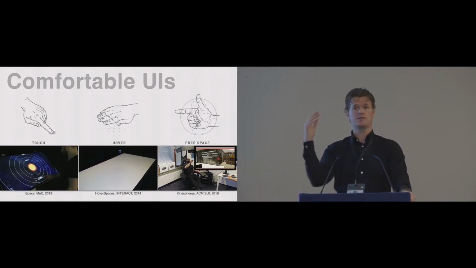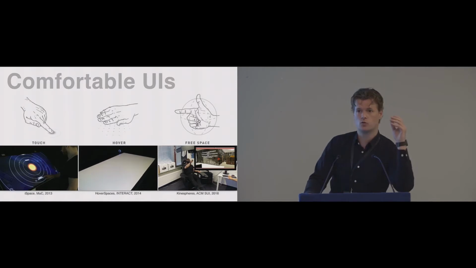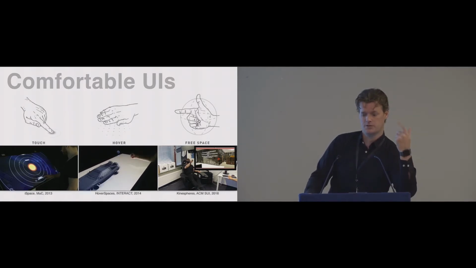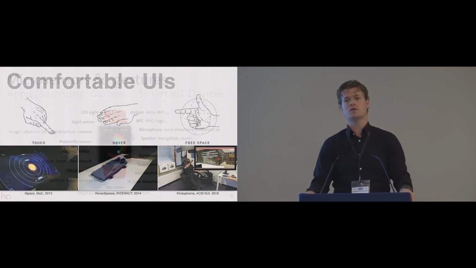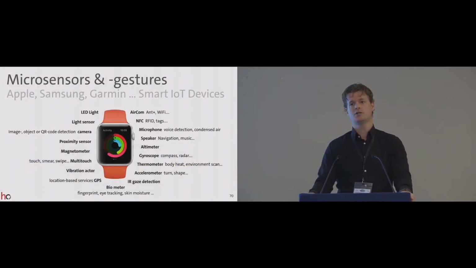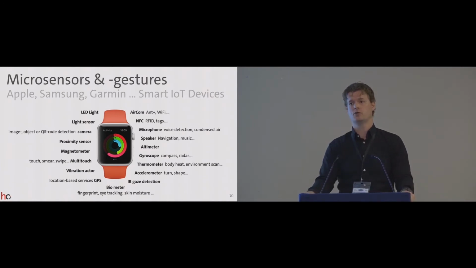Or if you do some interactions in free space, you should also use some sort of devices which make things more comfortable, like allowing users to rest their arms, for example, for some spatial interactions. And I think another very interesting approach for spatial interactions is making the space in which you interact a little bit smaller, using, for example, micro gestures by taking advantage of micro sensor technology which is currently available.